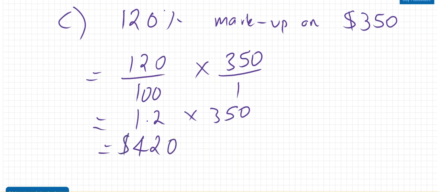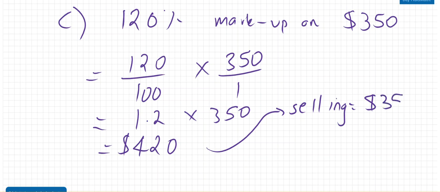In this case, we're working with dollars. So that's how much more they're going to charge the customer, okay? 120% markup on $350 will give you a total markup of $420. So remember, this is not the selling price. Your final answer is selling price is equal to the original price, $350, plus the $420.